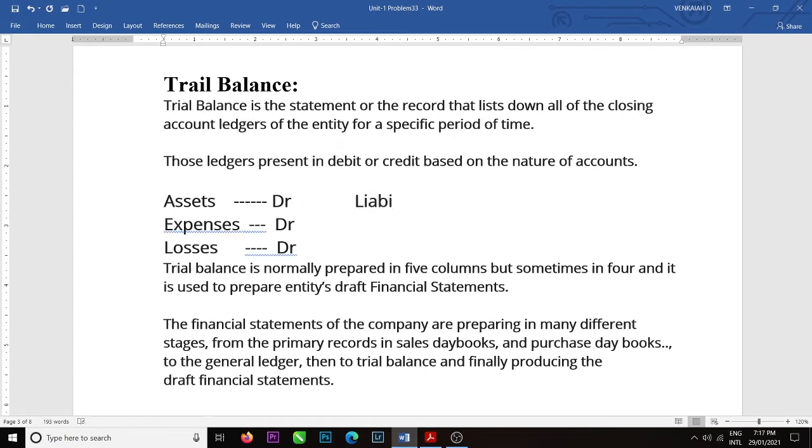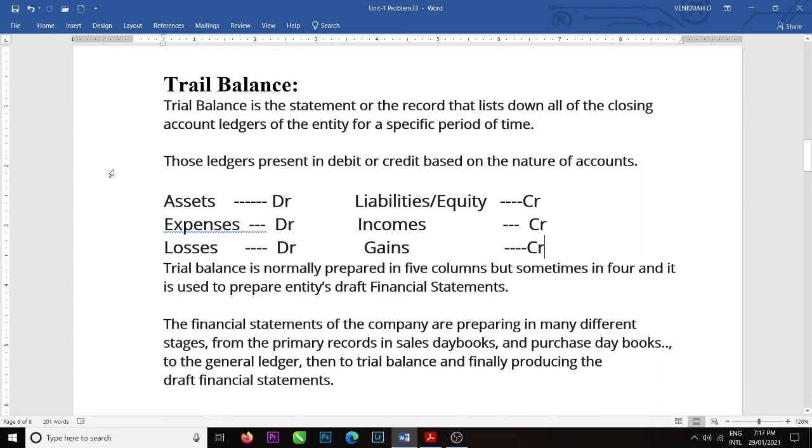So liabilities and equity are credit. Incomes are credit. Gains are also credit accounts.